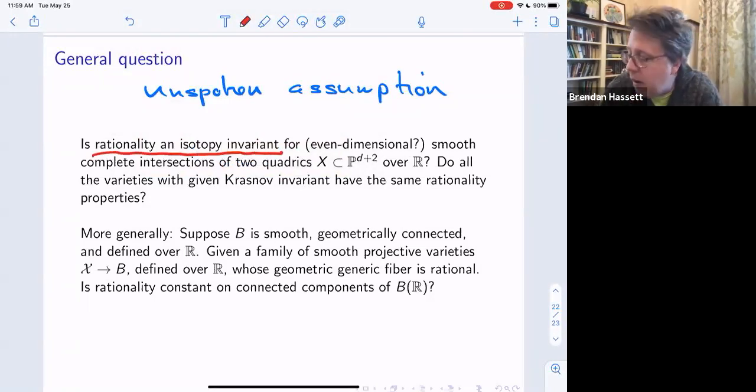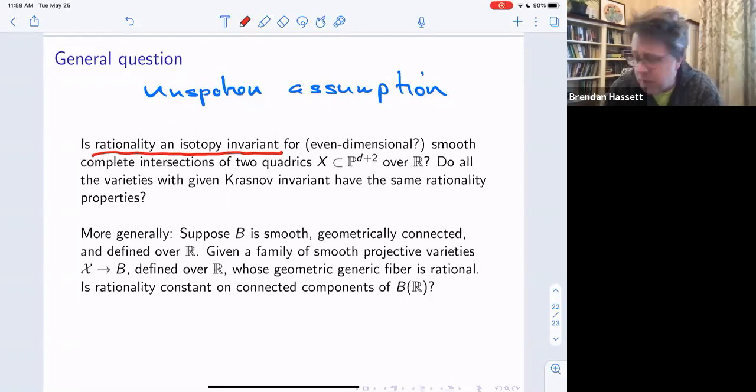That is, let's say you have a family of complex varieties, smooth projective varieties over some moduli space, and they're all rational over the complex numbers. Do we know whether the rationality is controlled by the isotopy class?